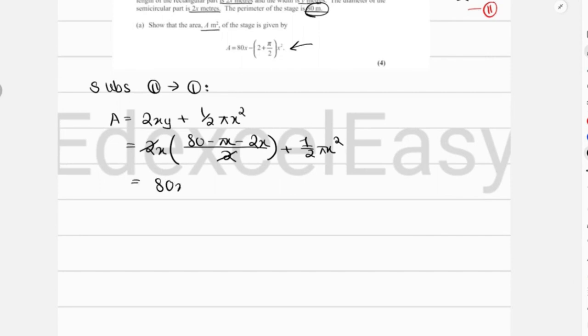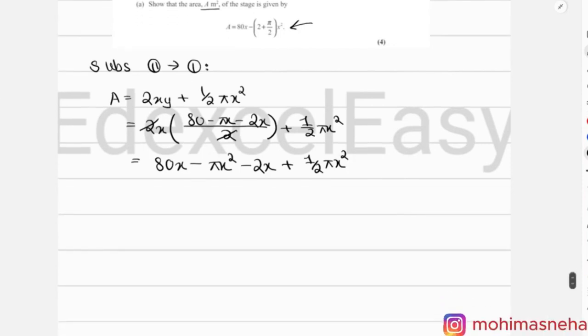So now you have 80x minus pi x square minus 2x square plus half pi x square, which again can be added together. Minus pi x square plus half pi x square gives you minus half pi x square. So it's going to be 80x minus half pi x square minus 2x square.